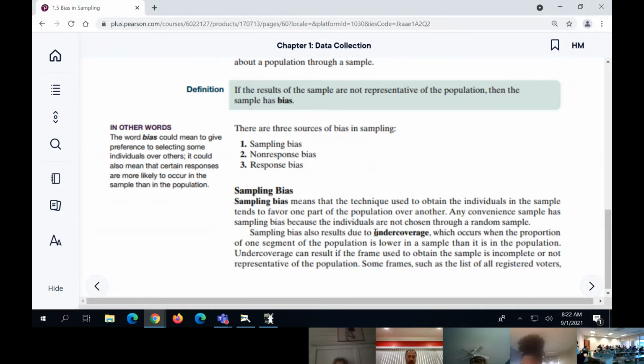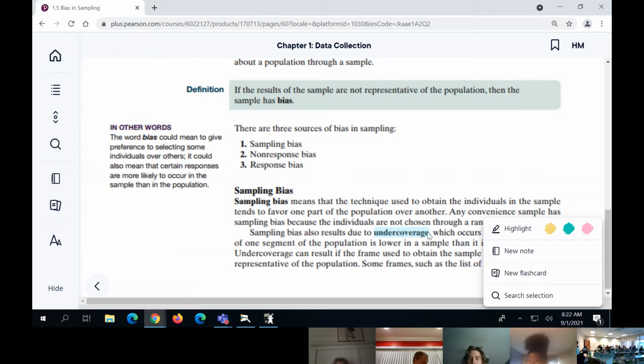Bias also happens when you have LAD, and that's lazy attitude disorder. Let me give you an example. Let's say you work for Michelin and you are the quality assurance director for Southeast Michelin, which entails all of the Southeast Michelins.